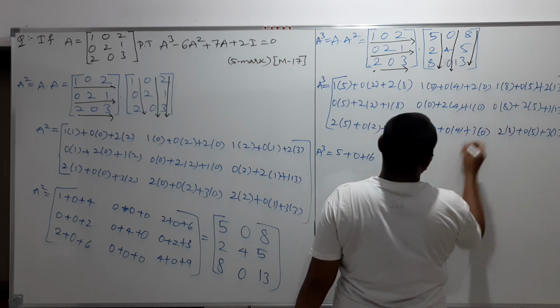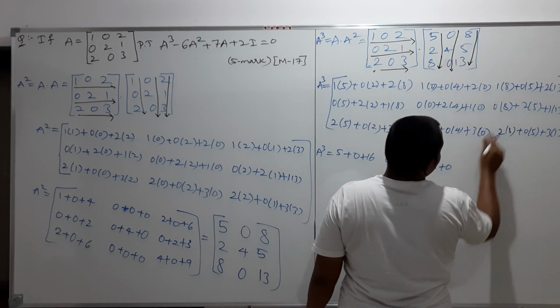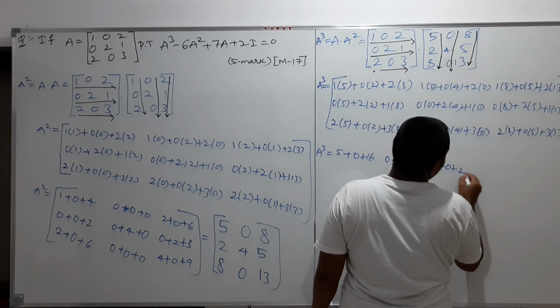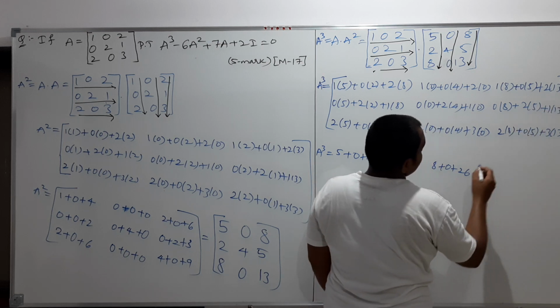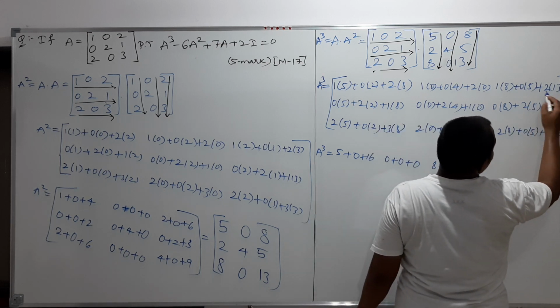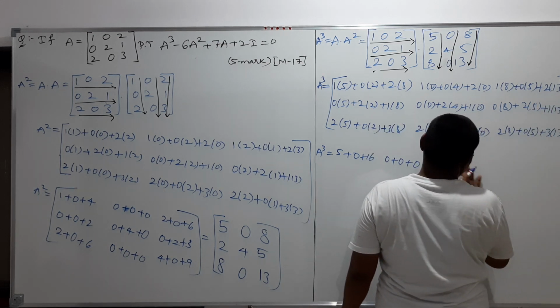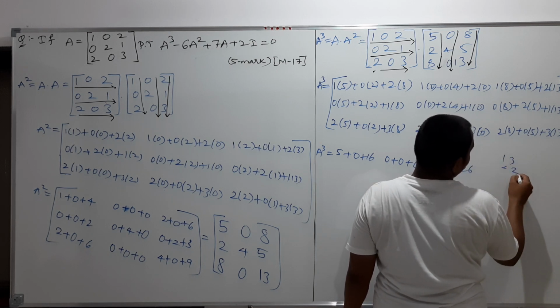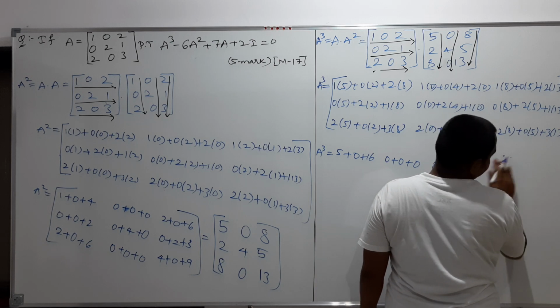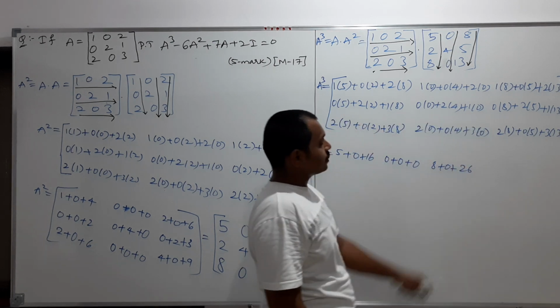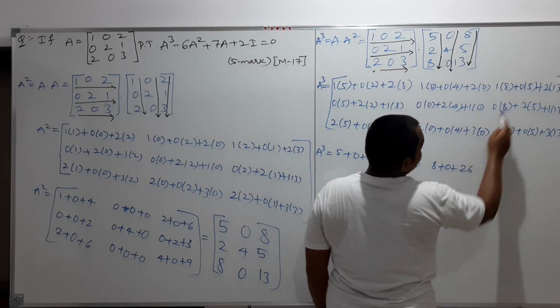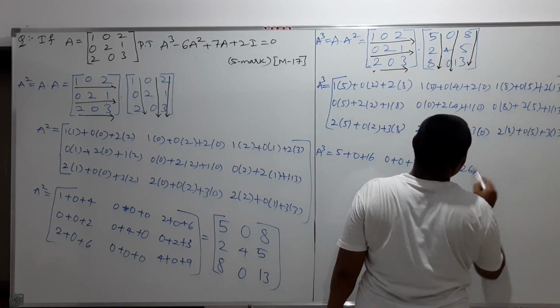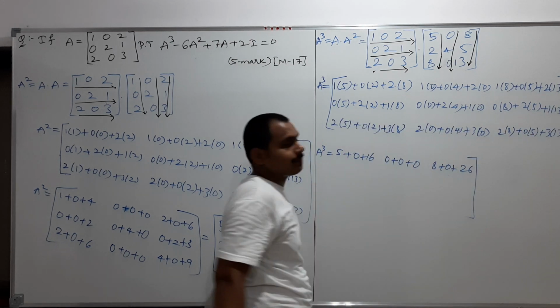Next, 1 into 8 is 8 plus 0 into 5 is 0 plus 13 into 2, 26, because 2 3s are 6, 2 1s are 2. Clear?